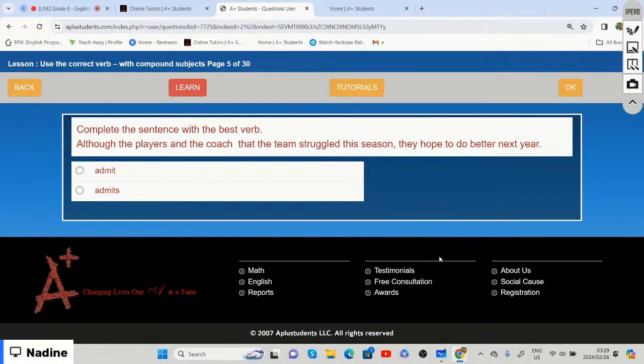All right, so although the players and the coach, do we say admit or admits that the team struggled this season, they hope to do better next year?